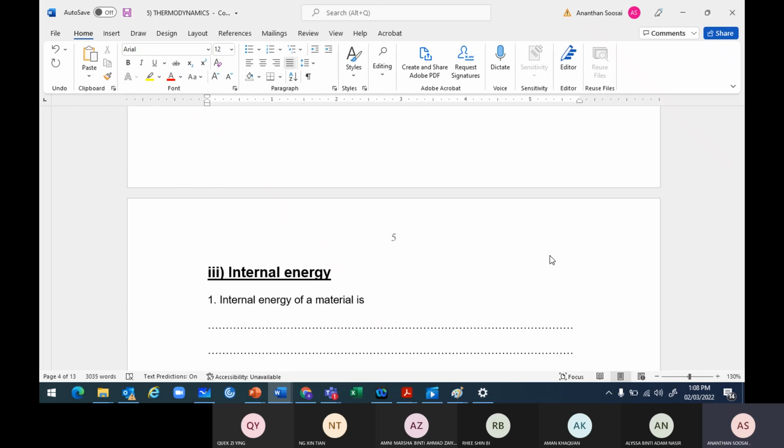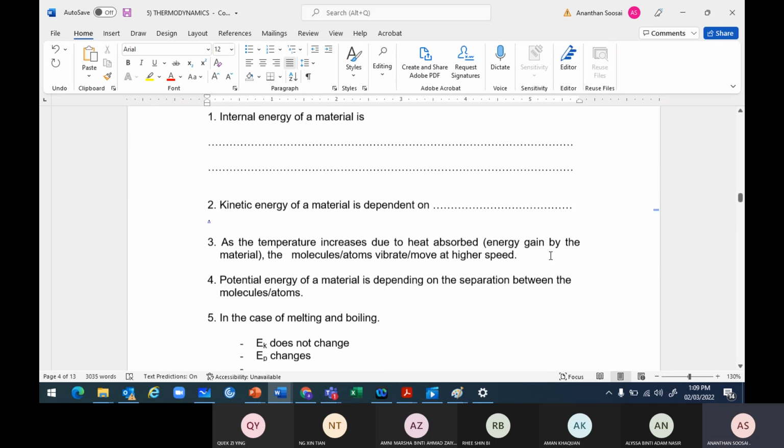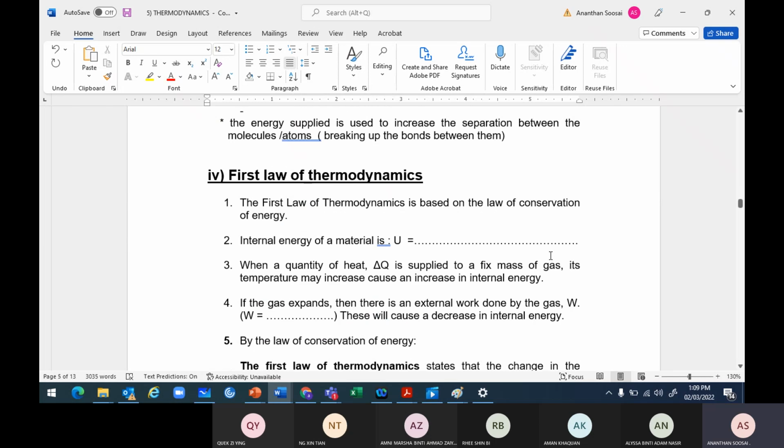Potential energy is inversely proportional to the intermolecular force: the force gets weaker, potential energy rises. The highest potential energy is attained by an ideal gas. How much? 0.